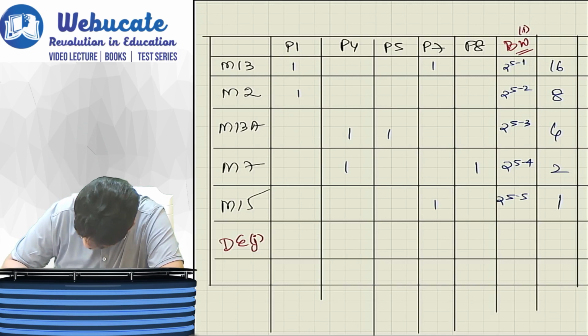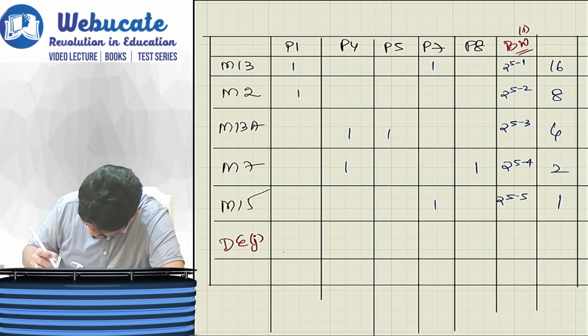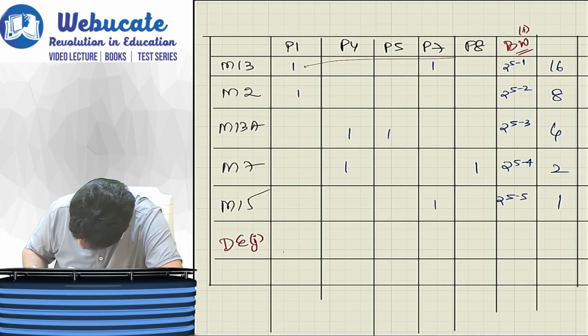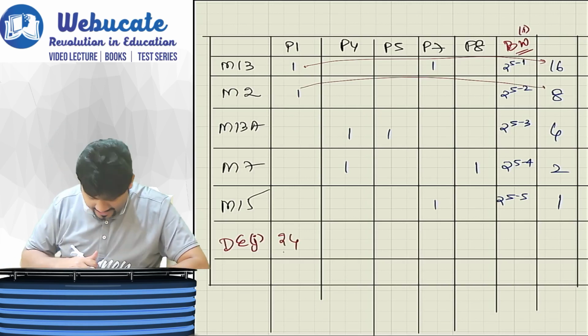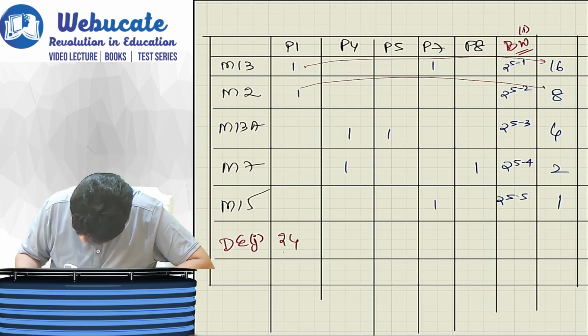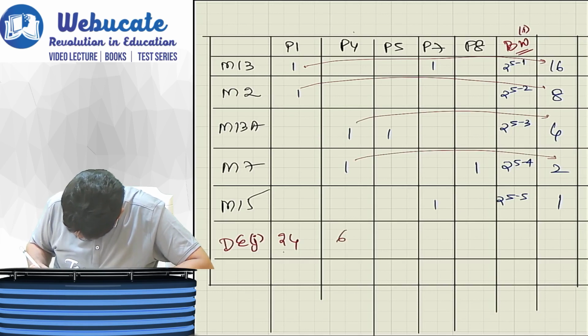Yes, now you are getting the hang of it. Now you have to say the DE. What will it be? 16 and 8, that is 24. Did you get it? Then P4 will be 4 plus 2, which is 6.